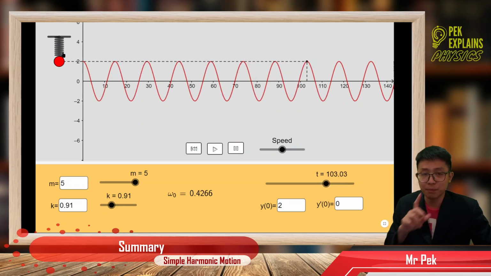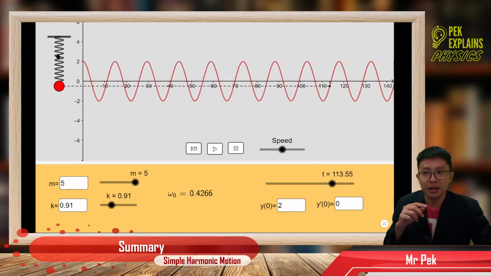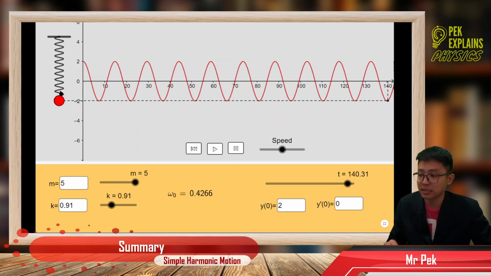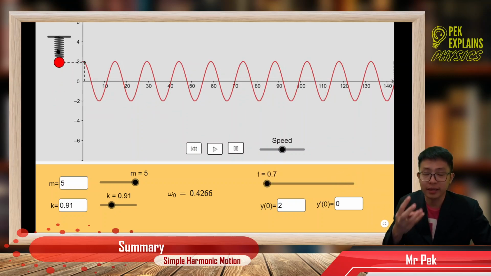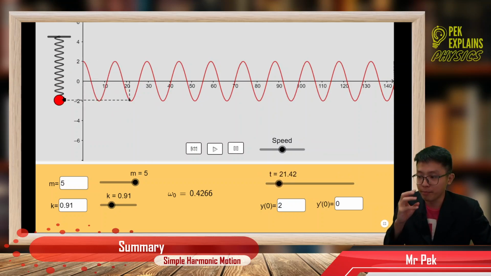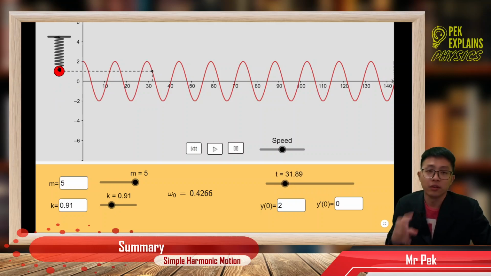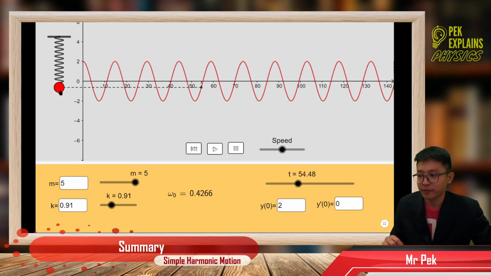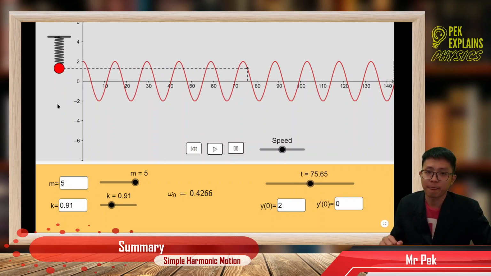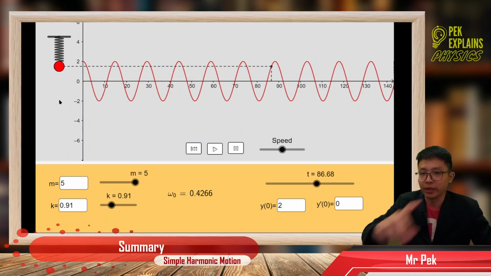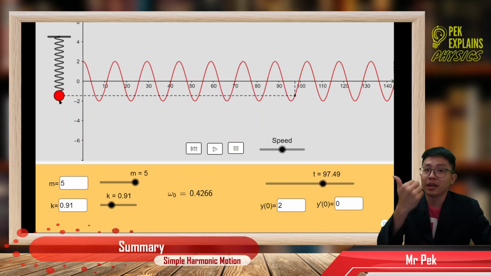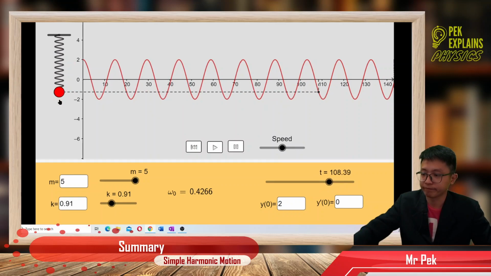Elastic potential energy is half kx square; it depends on expansion and compression. The spring has elastic potential energy, and the block has kinetic energy because it has velocity, half mv square. So we have elastic potential energy and kinetic energy.